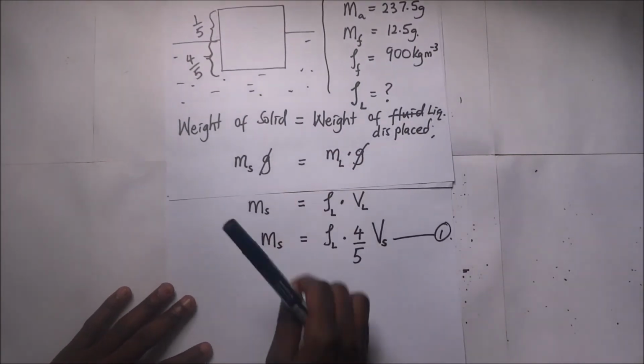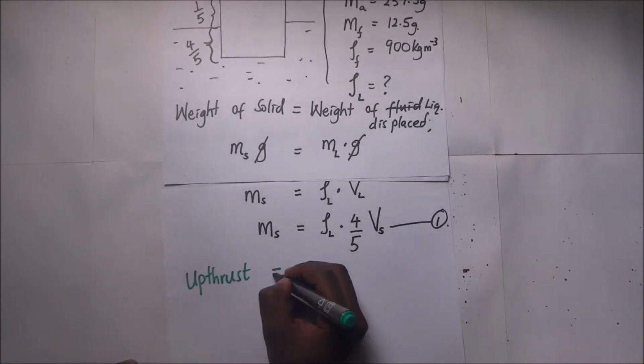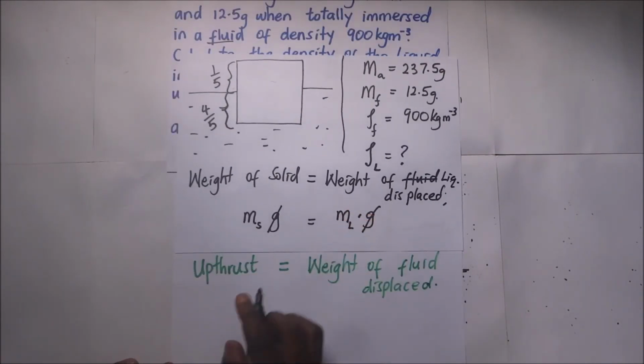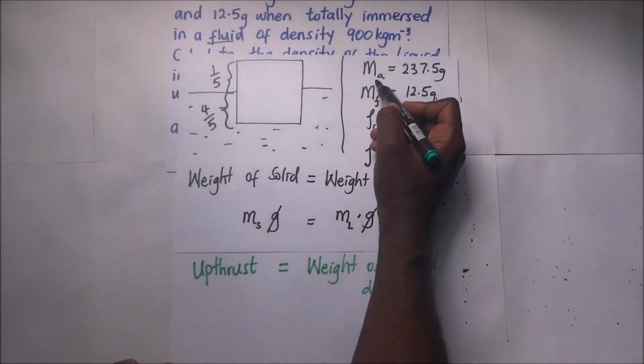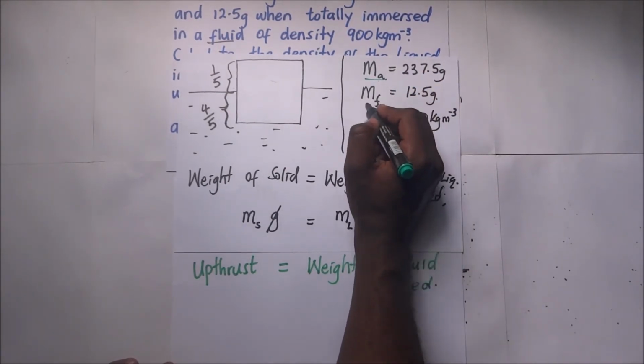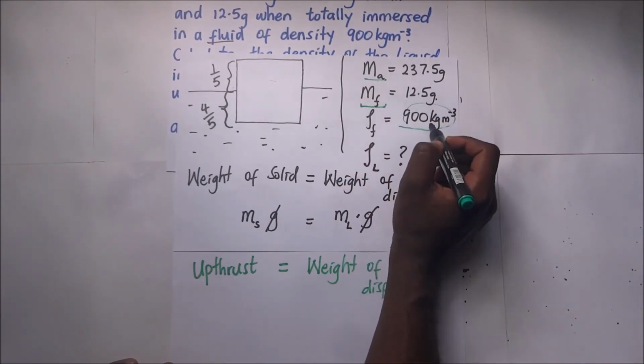Now, from Archimedes' principle, we know that upthrust is equal to the weight of fluid displaced. From our question, we've been given the mass of this solid when it was in air, and the mass of this solid when it was immersed in the fluid whose density was 900 kilograms per meter cubed.